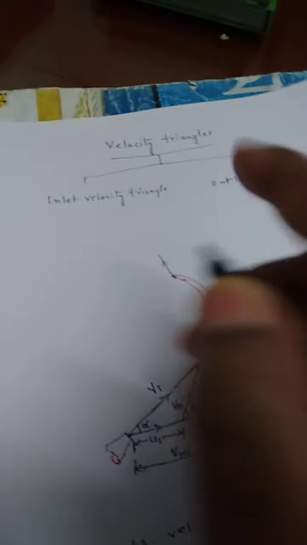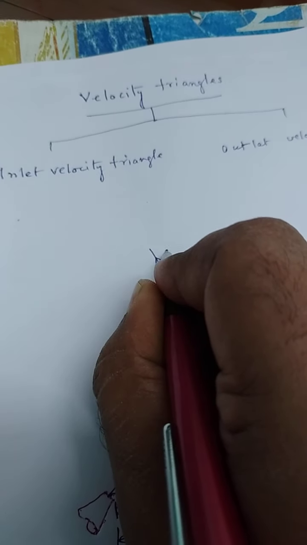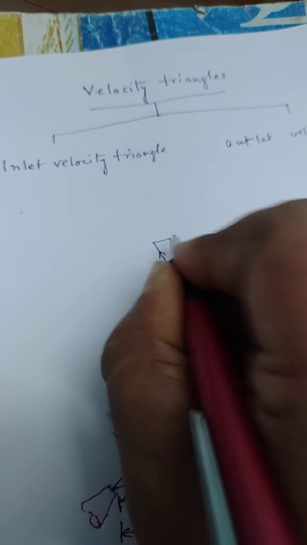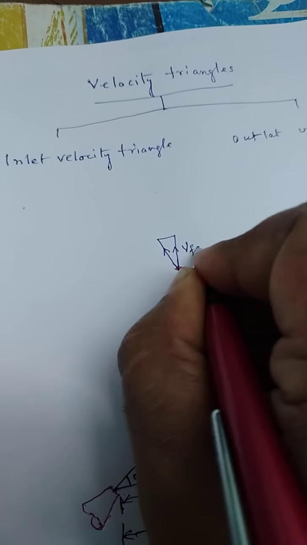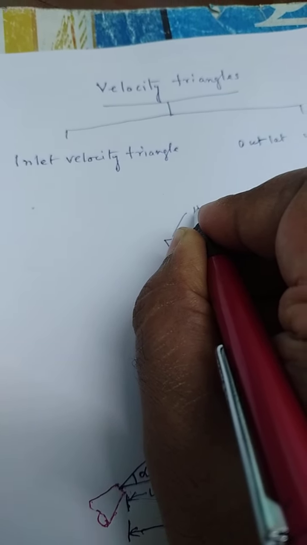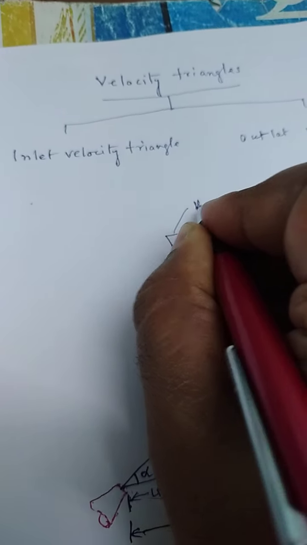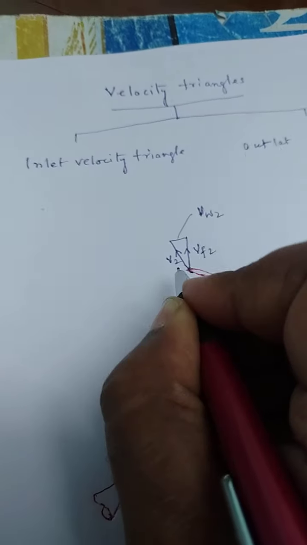This V2 can similarly be resolved in the horizontal and vertical directions. This will be VF2, this will be U2, and this will be VW2. And this we are naming V2.